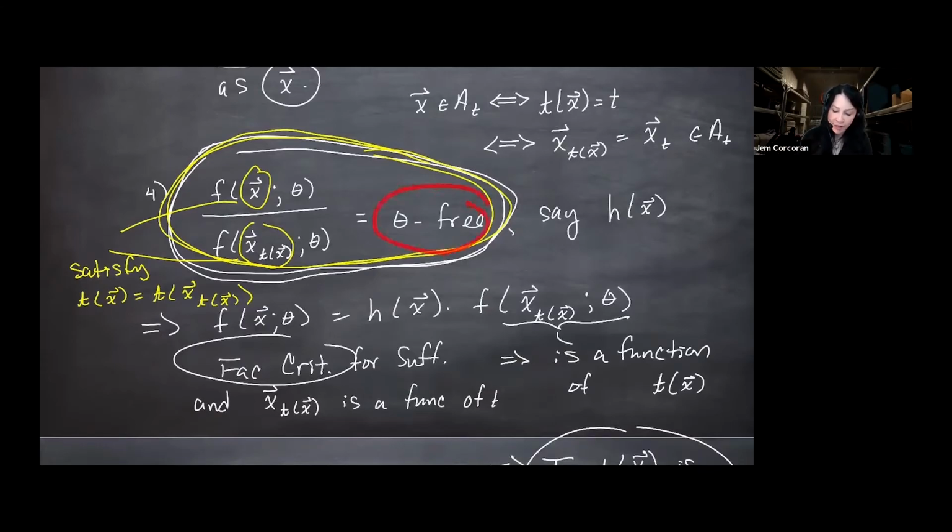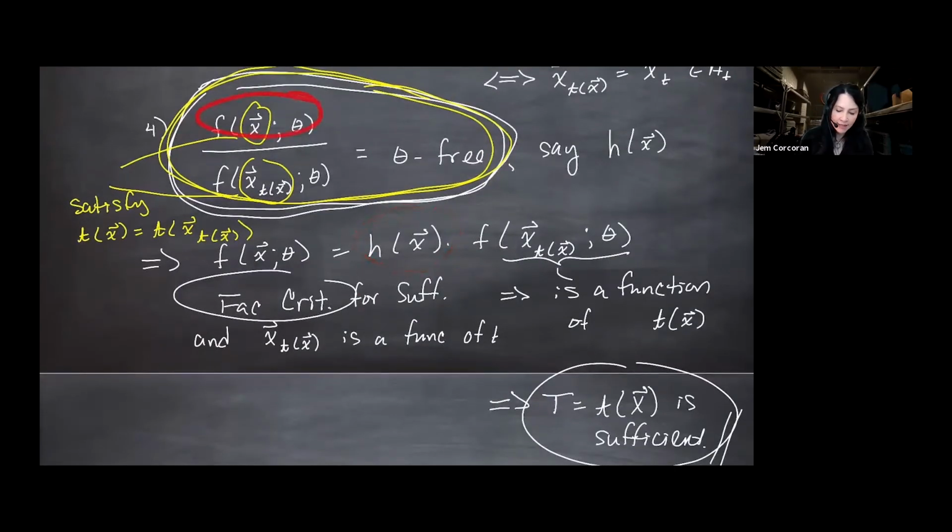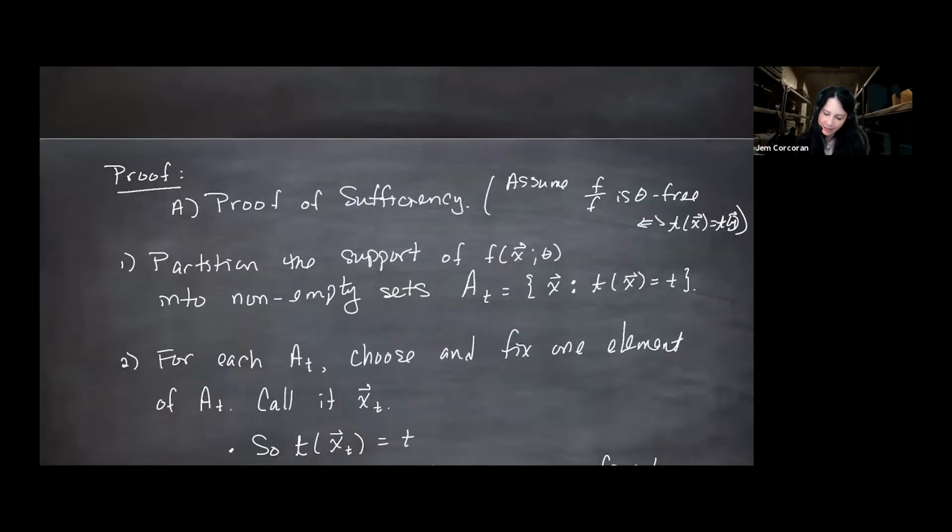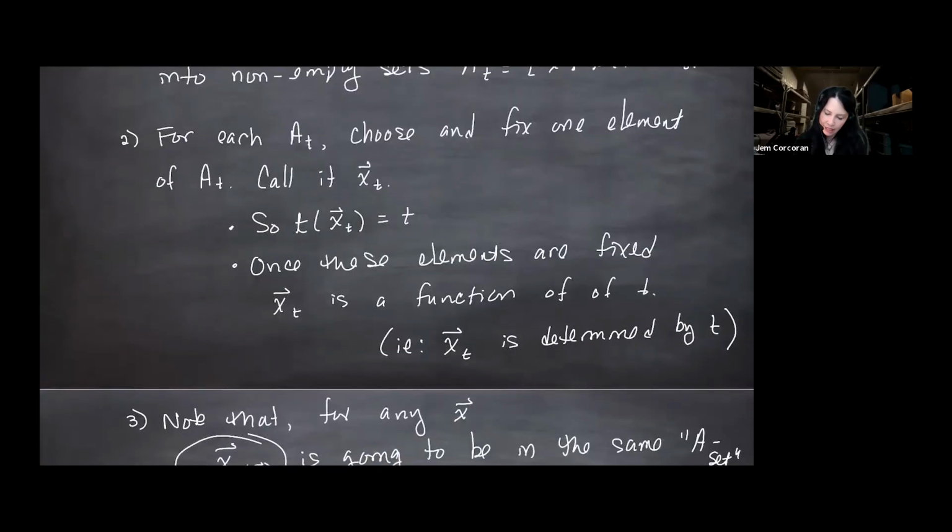And if the ratio is theta free, I call it something like h of x with no theta. And then I write this as h of x times this. And then I'm using the factorization criterion to look in there and find a sufficient statistic. And this is a function of T of x. It's actually a function of x sub T of x, but way back at the beginning, we showed that the vector x sub T is completely determined by T. So in other words, the vector x sub T is a function of T. We did it.